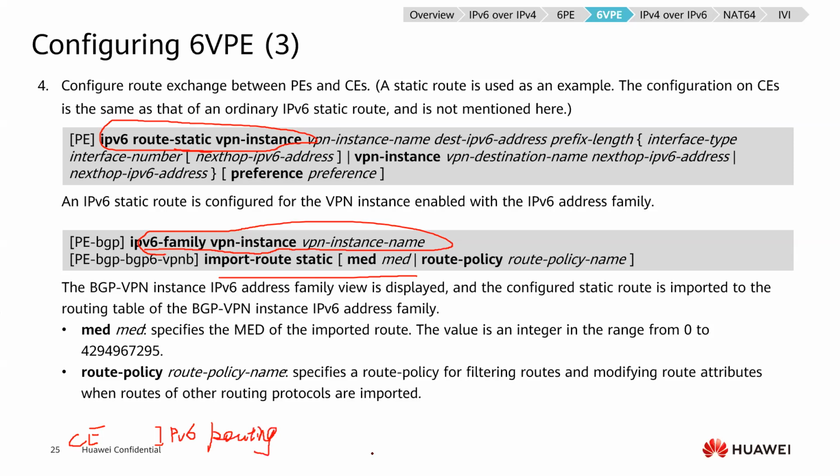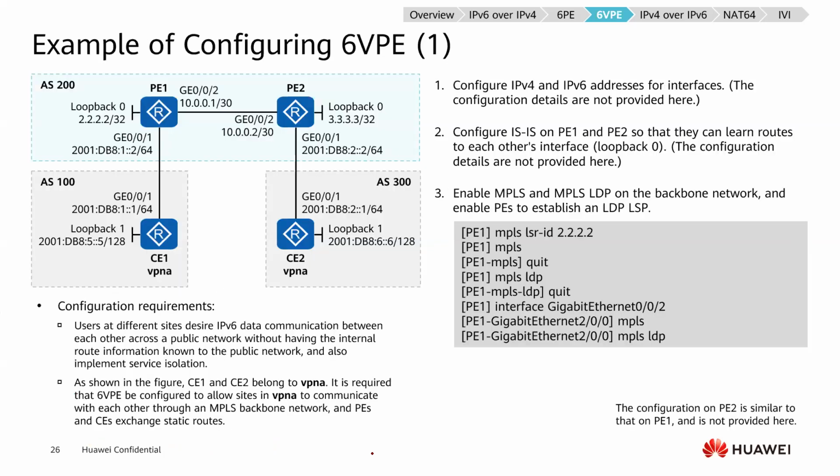All of the IPv6 routing technologies can be configured. Okay, and then here is an example. In this example, there are three ASes: 100, 200, and 300. CE1 and CE2 belong to VPN-A.